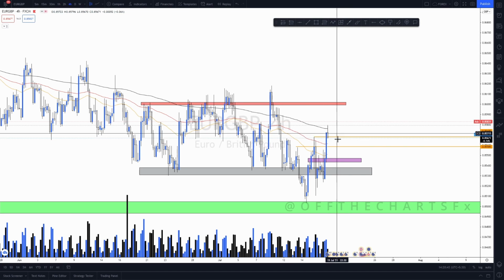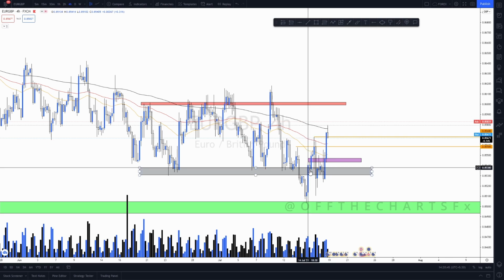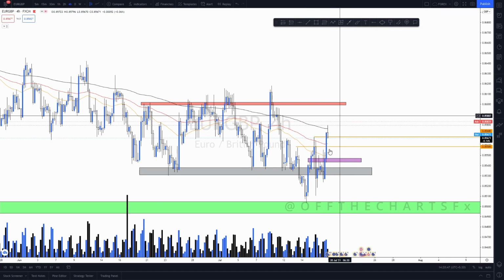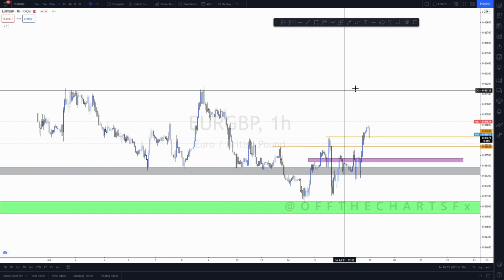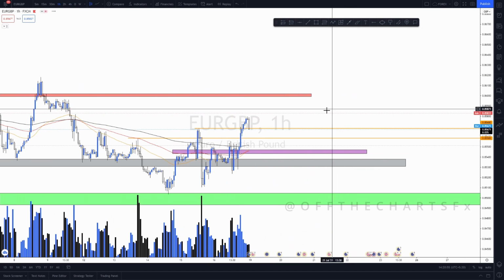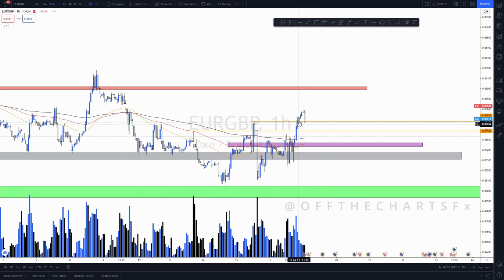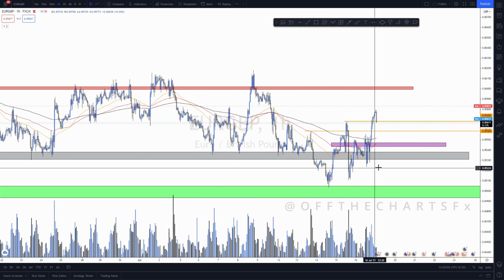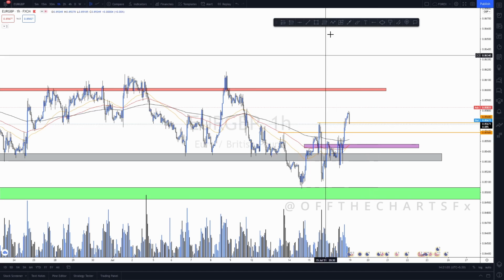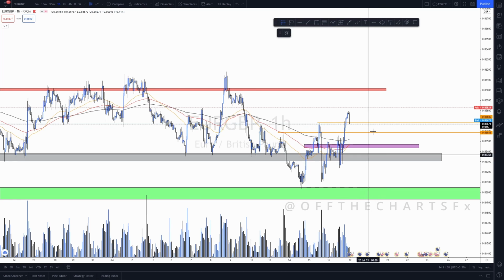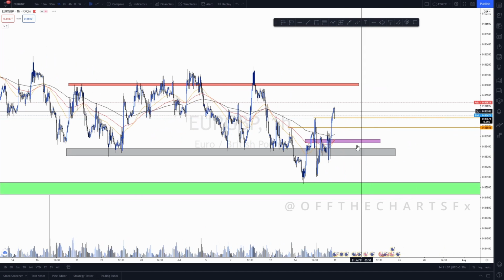Then it's clear that it's going to the upside, but let the price come to this level and we'll be looking for buys. You can see price is going to retrace here. If the price falls below this, then I'll be looking for the sell side.